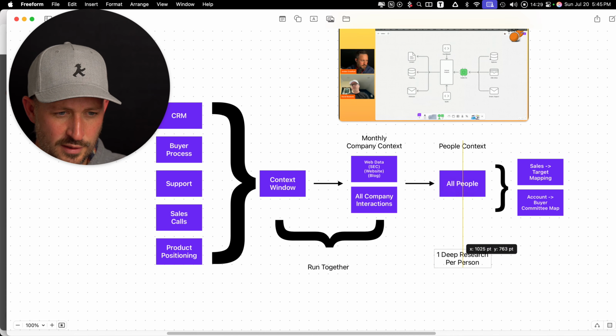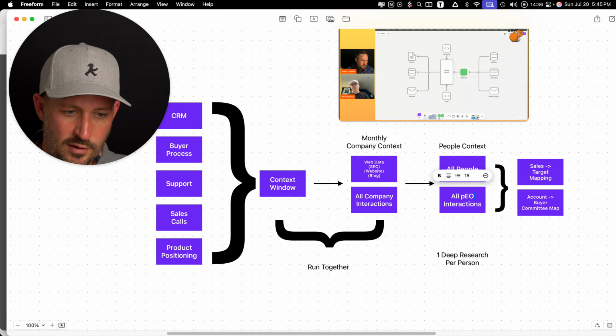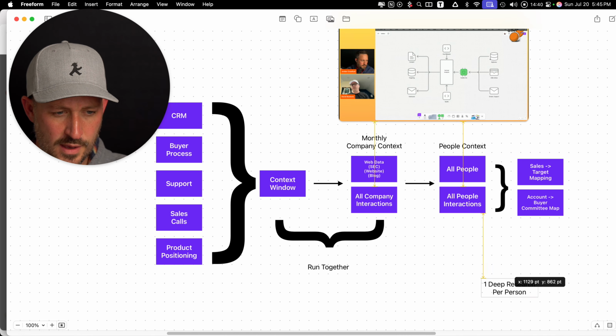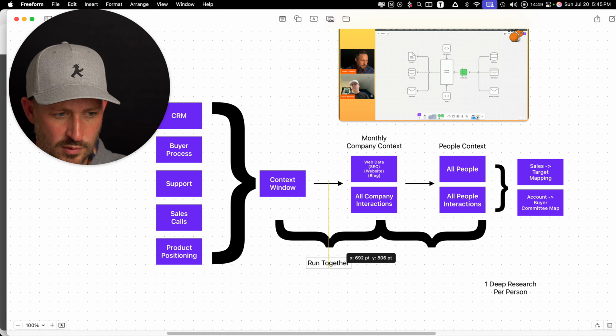And actually, this is probably all people interactions. So have you had interactions with this person before? And I think actually this does not need to be run. These two things need to be run together.